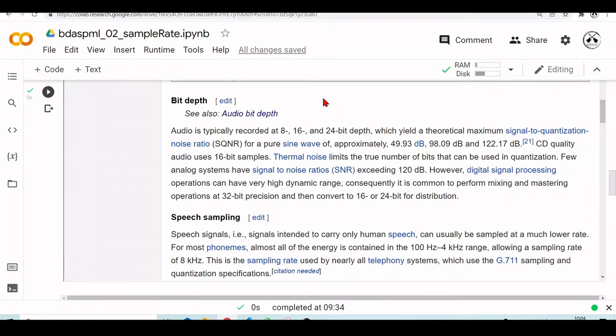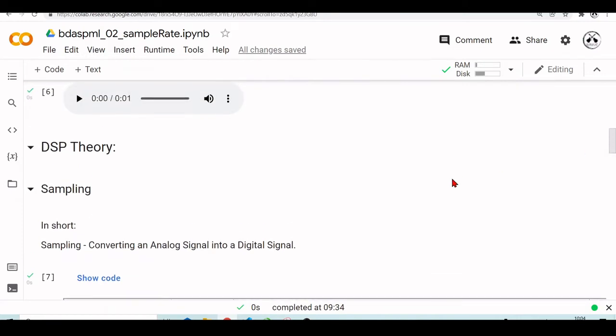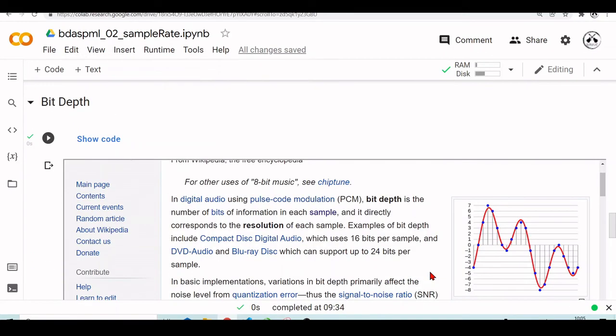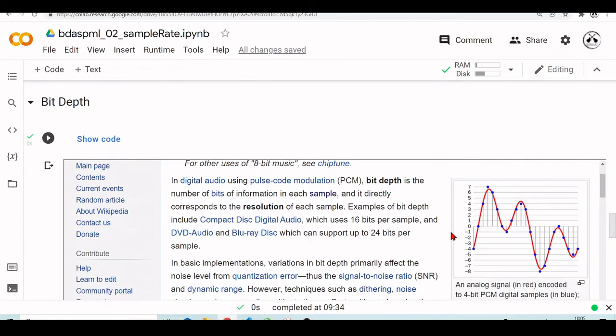In future examples, we will look exactly at bit depth, and we will take, for example, a 16-bit or an 8-bit WAV file, and look at these values without any kind of normalization, so it will be a different range than from -1 to 1. In audio and also in pulse code modulation, bit depth is the number of bits of information in each sample, and it corresponds to the resolution of each sample.